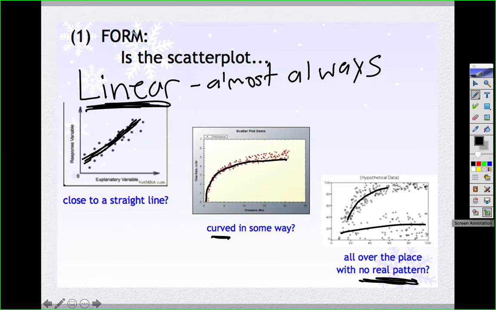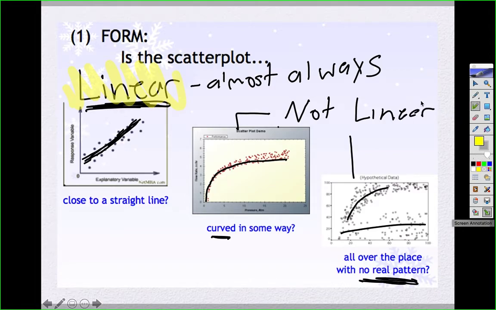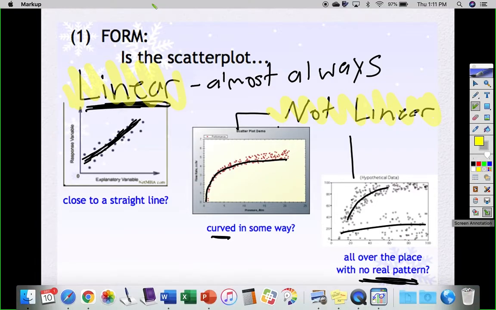So for form, your only answers are going to be linear, and not linear. That's all you should ever answer on a test. Linear and not linear. That's for form.